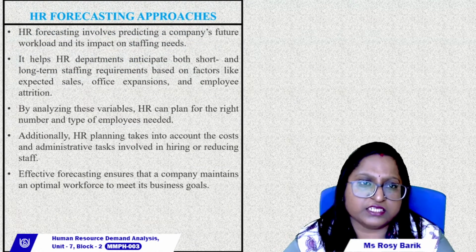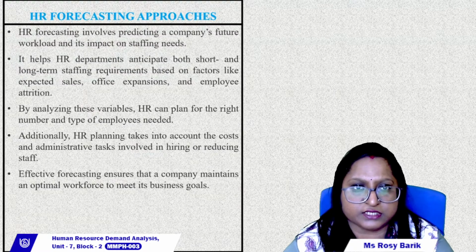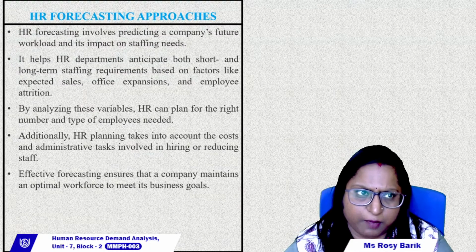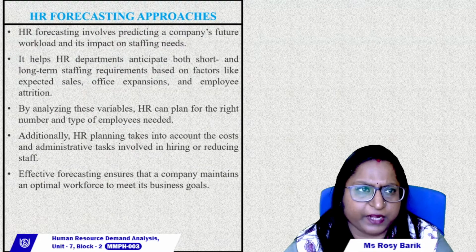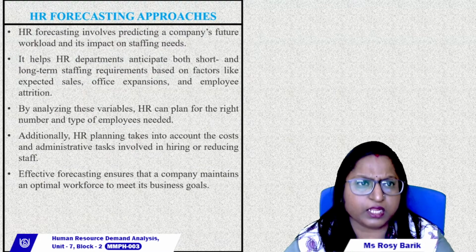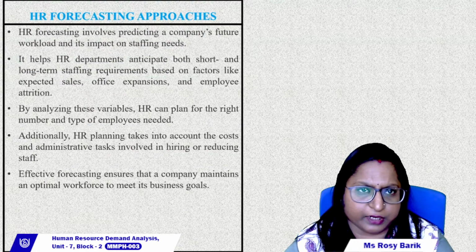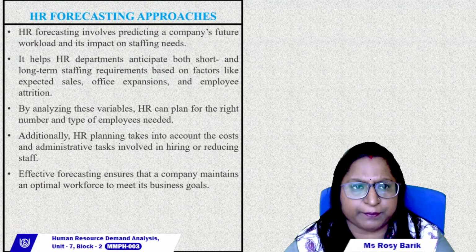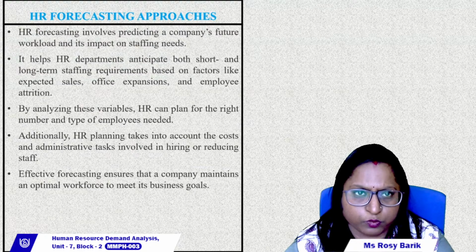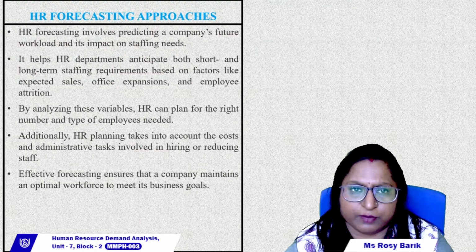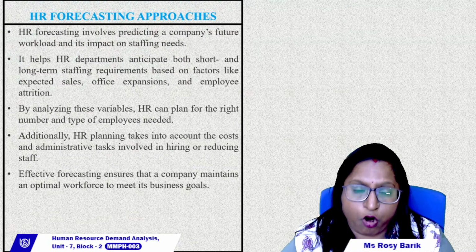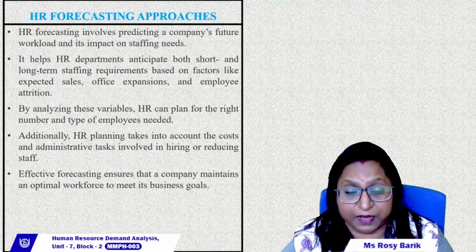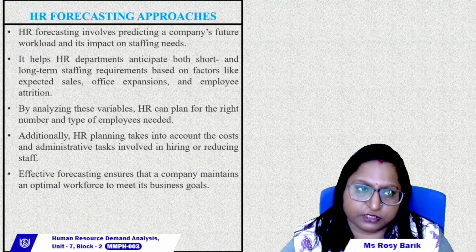Now the forecasting approaches, as we have already studied about the forecasting approaches. HR forecasting involves predicting a company's future workload and its impact on staffing needs. It helps the HR department to anticipate both short-term as well as long-term staffing requirements based on factors like expected sales, office expansions, and employee attrition.